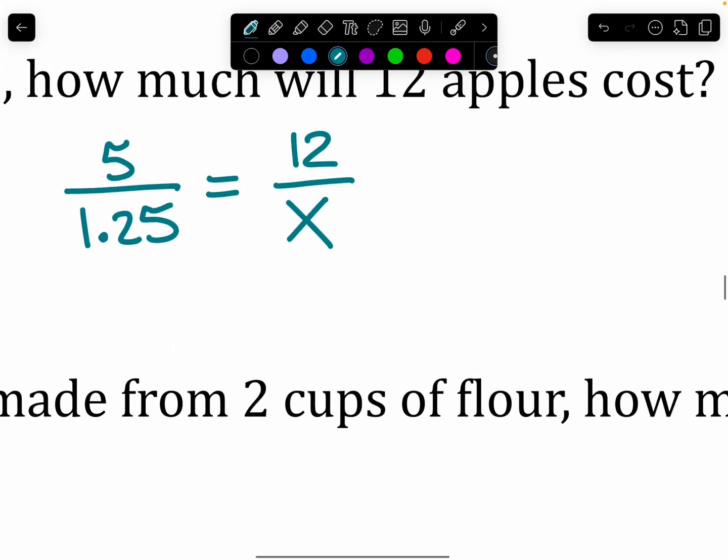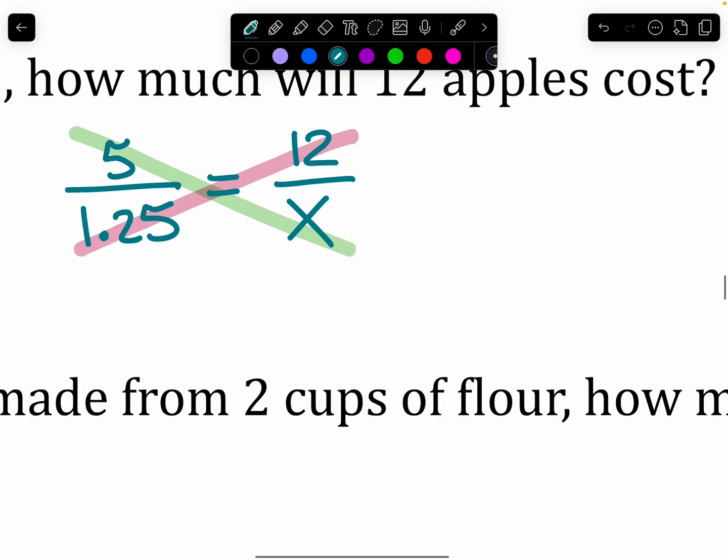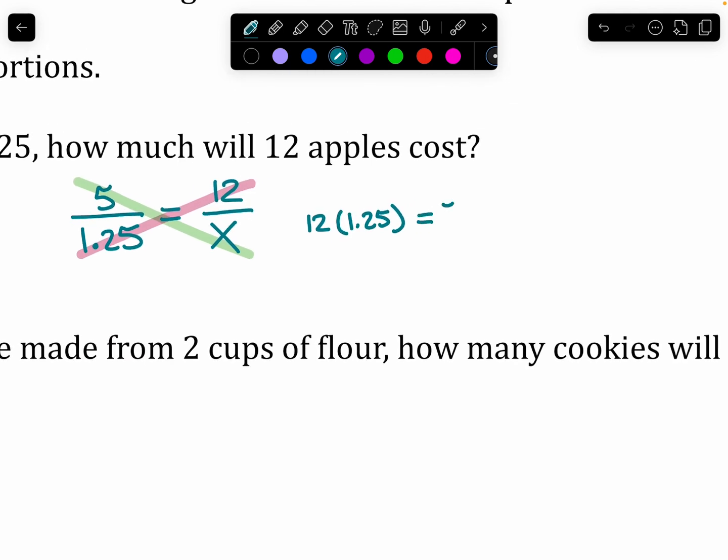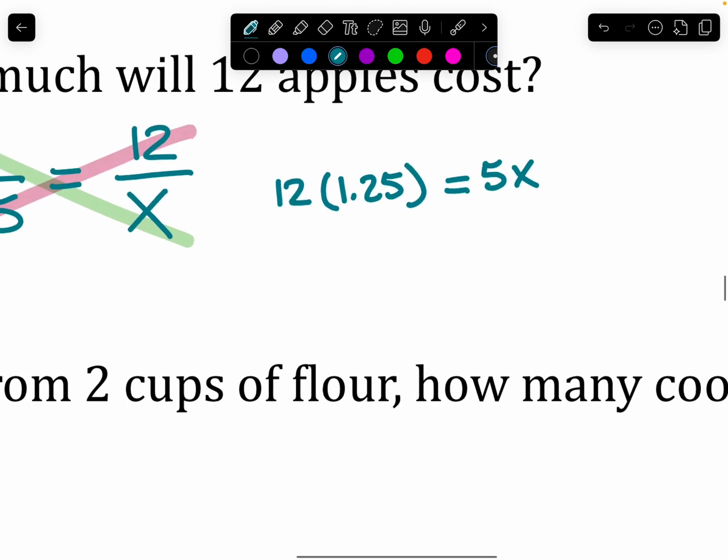So I've set up my proportion. I've got the number of apples on top, and then I've got the total cost on bottom. I'm going to do this like I did the other day, where I multiply the numerator of one ratio by the denominator of the other, and then vice versa. So I'm going to start with the red one that I have there. I've got 12 times 1.25, and that is going to equal 5 times x.